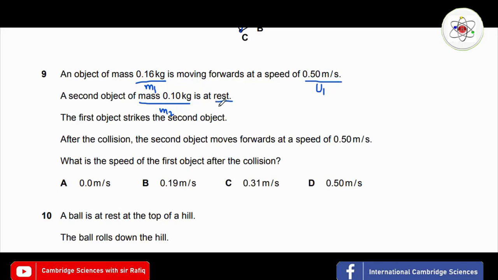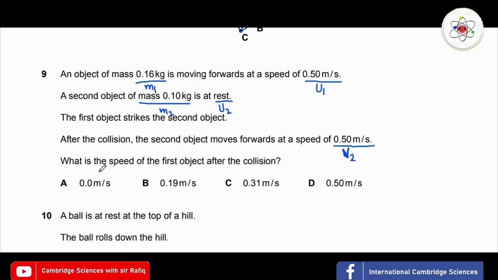So the initial velocity of the second object is obviously 0. The first object strikes the second object. After the collision, the second object moves forward at a speed of, so this is the speed of the second object after collision. As the speed changes, we will write the final speed as v2 of the second object.